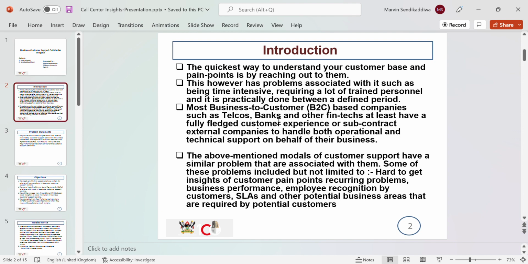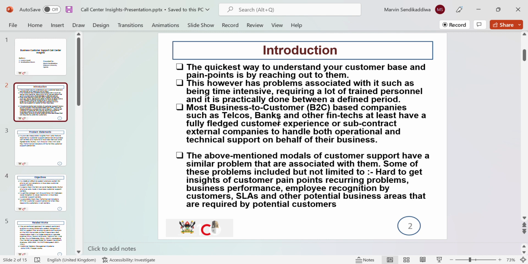The quickest way to understand your customer base and pain points is by reaching out to them directly. This, however, has problems associated with it. Besides being time intensive and requiring a lot of trained personnel, it can only be done within a defined period.